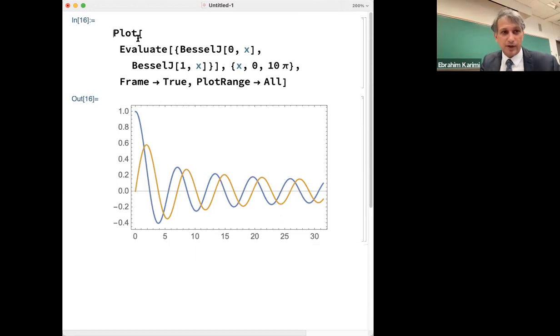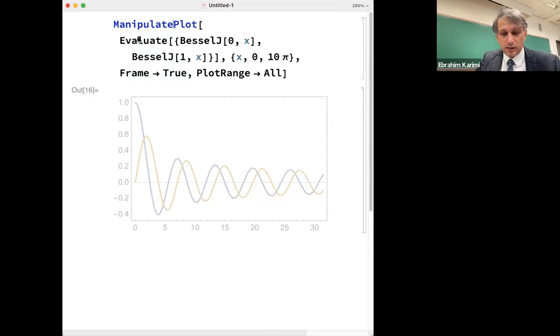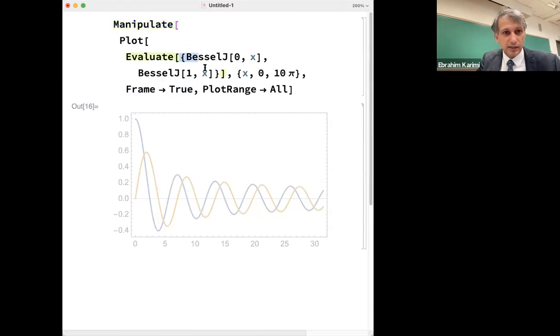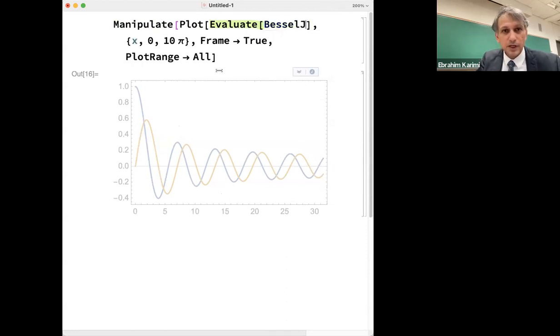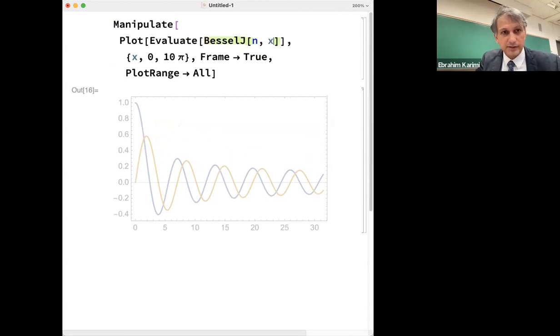Okay, so look at the others. I can manipulate this and look at Bessel J of n and x, and then I'm manipulating n. I'm changing n from 0 to, I don't know, 5.